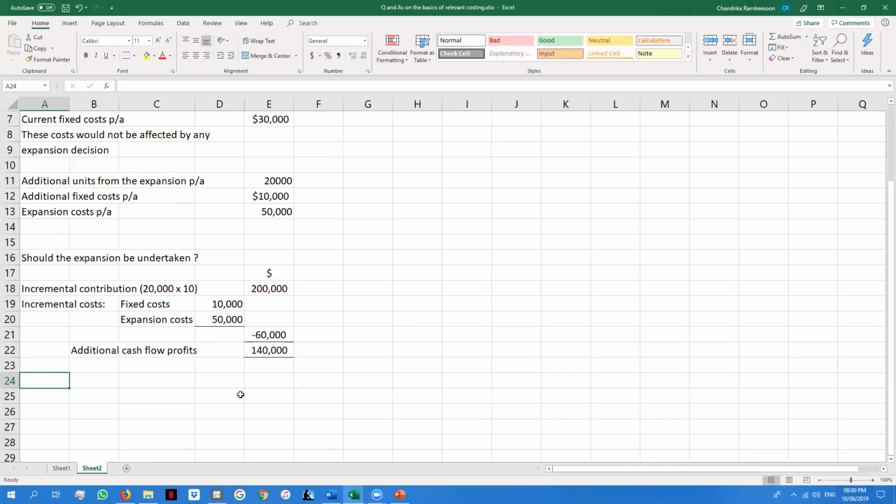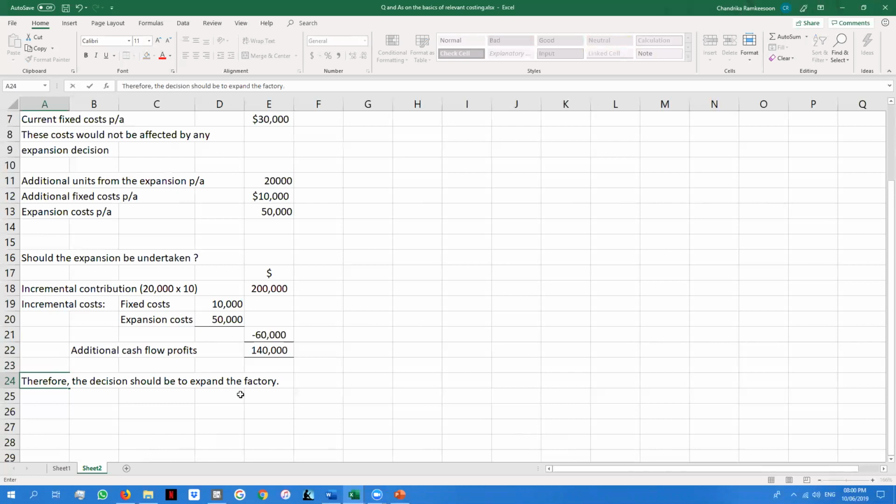So obviously you've got to work it out and then tick the relevant answer. But I'll just put here, therefore, the decision should be to expand the factory.